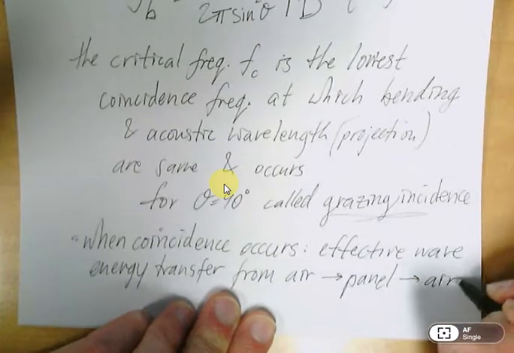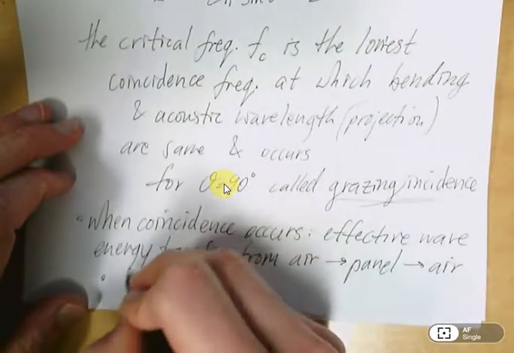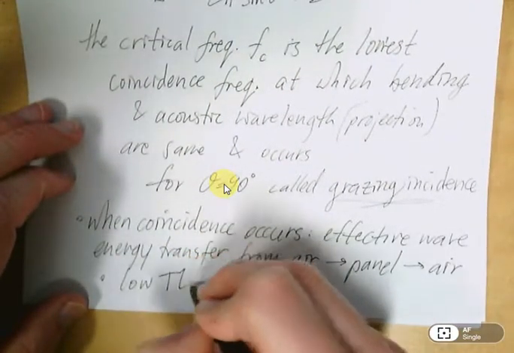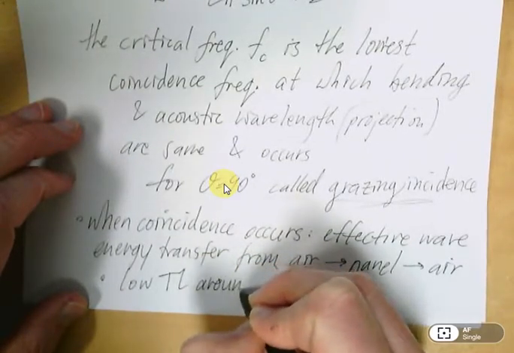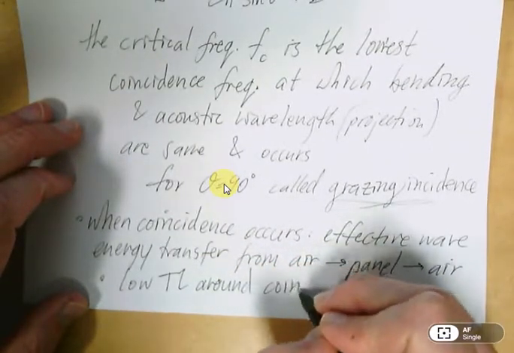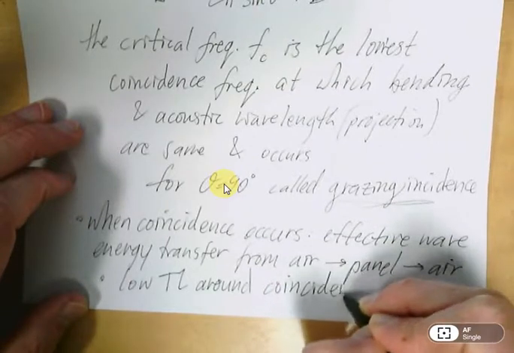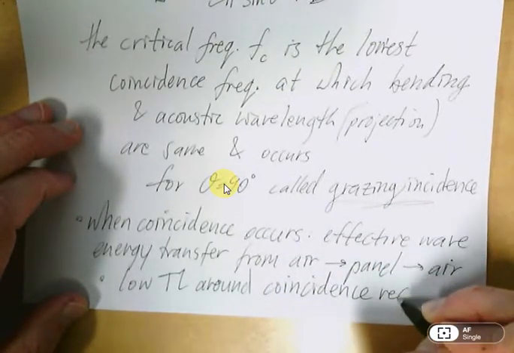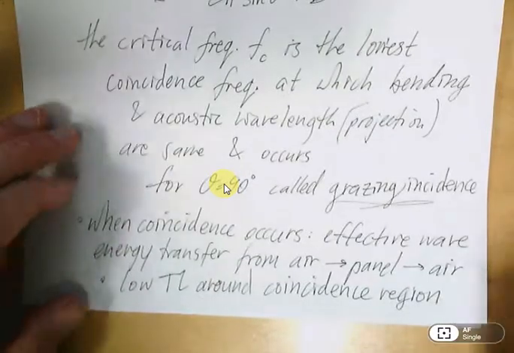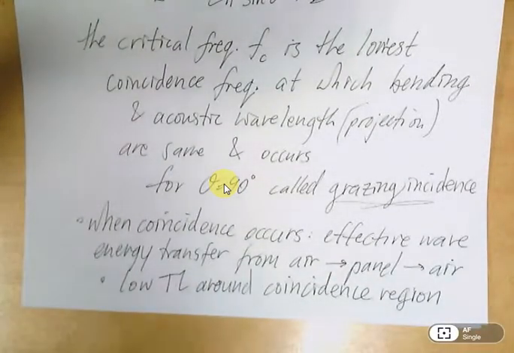So this means we have low transmission loss around coincidence. Specifically the coincidence frequency region, which is what we drew before in our sketch of the transmission loss.